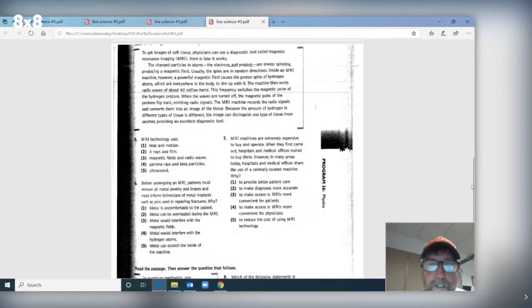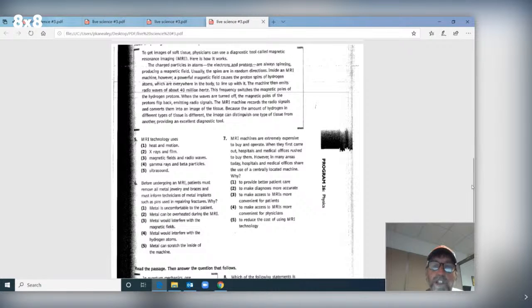Like it says, these things are very expensive. So really what it comes down to is the cost. And the answer that talks about cost is number 5. It says to reduce the cost of using MRI technology. And that would be the best answer because like it says, they are expensive.